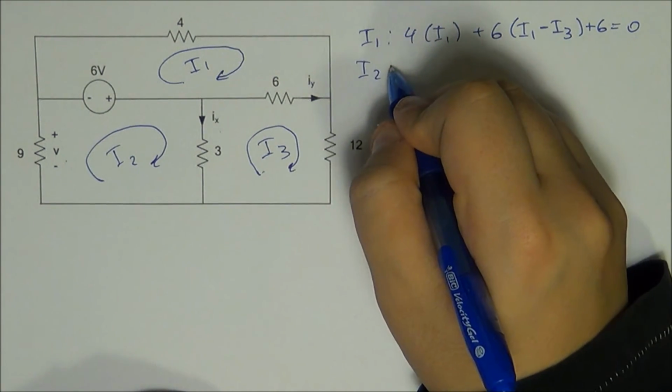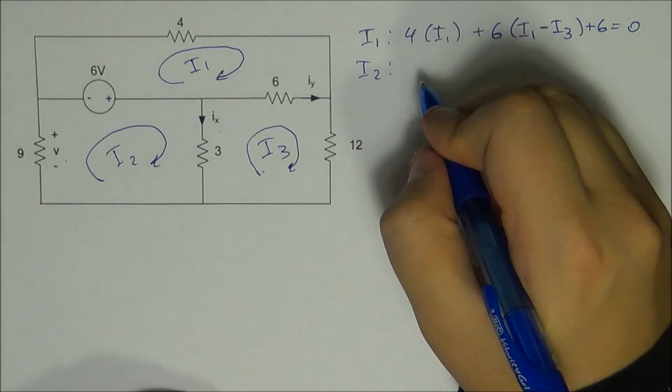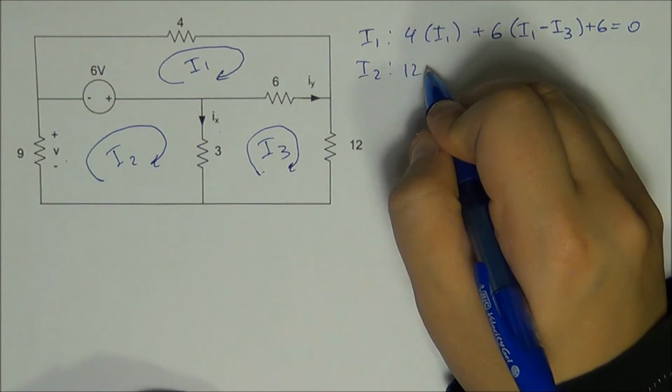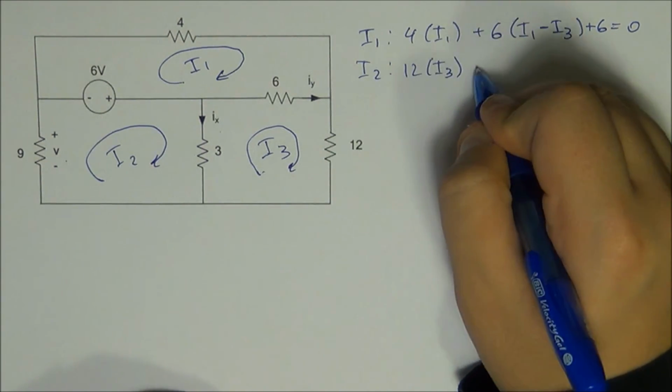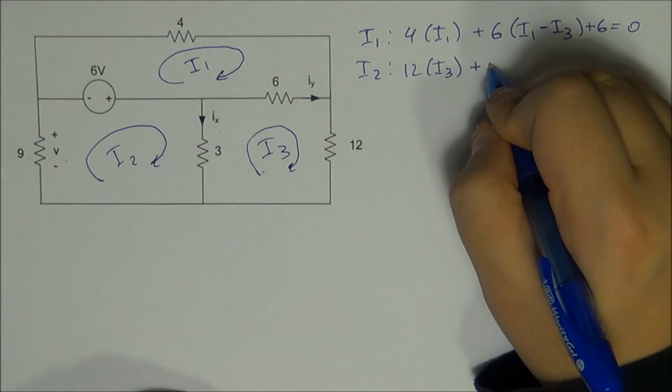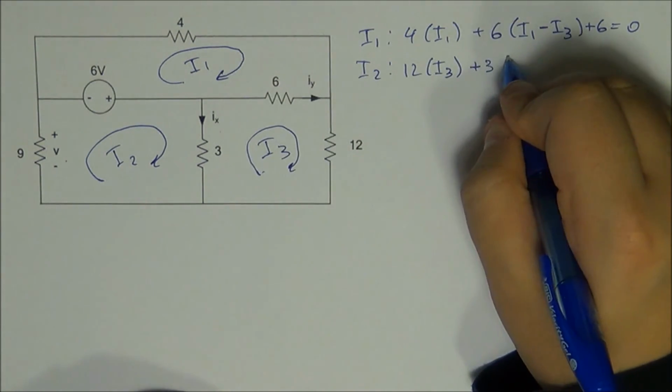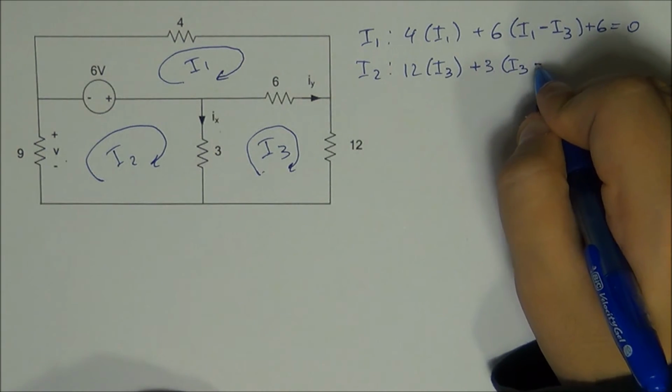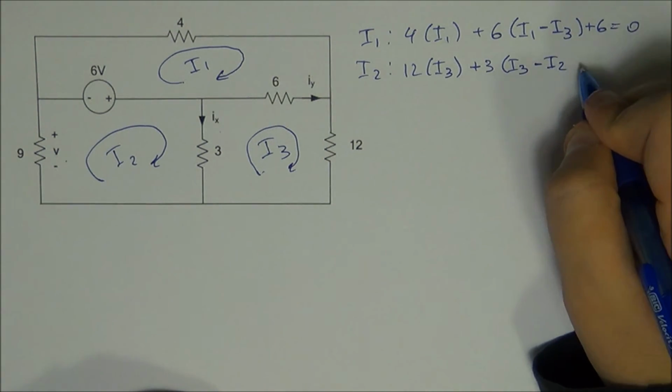For I3, we've got one resistance on its own, so 12 times I3, plus 3 ohms times I3 minus I2.